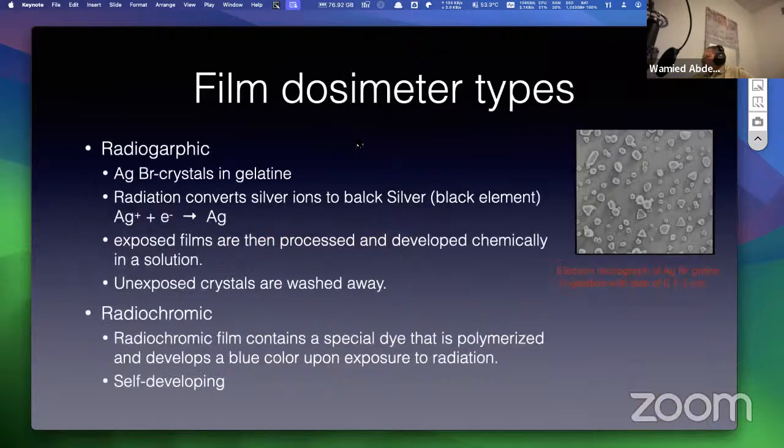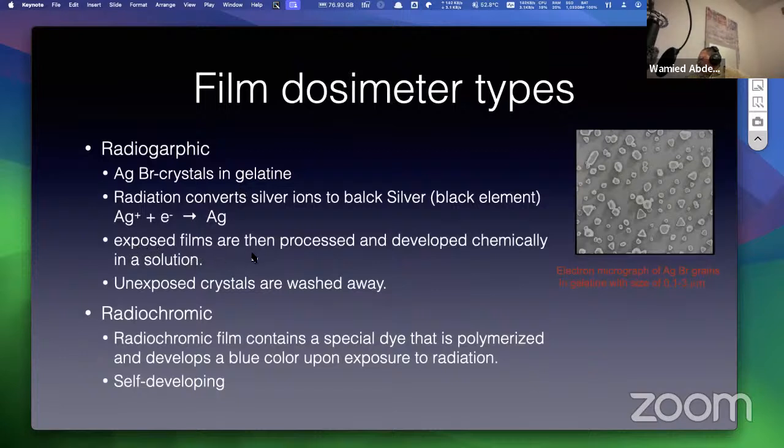There are two types of film dosimeter. There is the radiographic film. It's based on silver bromide crystals, and with irradiation, we convert these silver ions into black silver. This is an old, basic principle of how films are used.